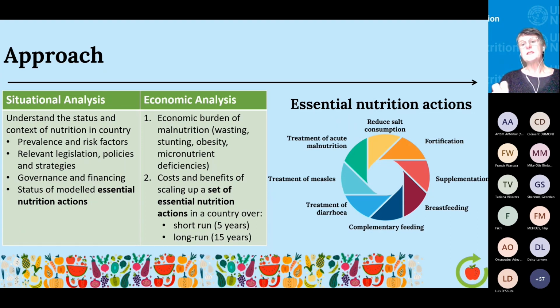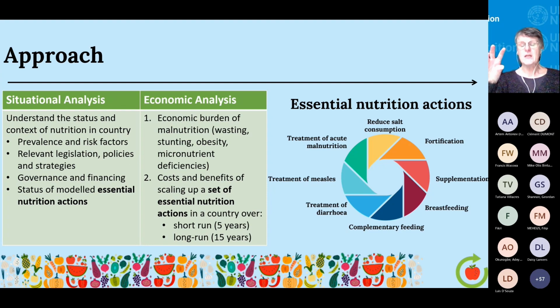Now, within these essential nutrition actions, there were 20 interventions which were linked either directly or indirectly to one of the 4 forms of malnutrition: wasting, stunting, obesity, or micronutrient deficiencies. They were all covered in the One Health tool and the LiST module, and that was the basis for the selection.